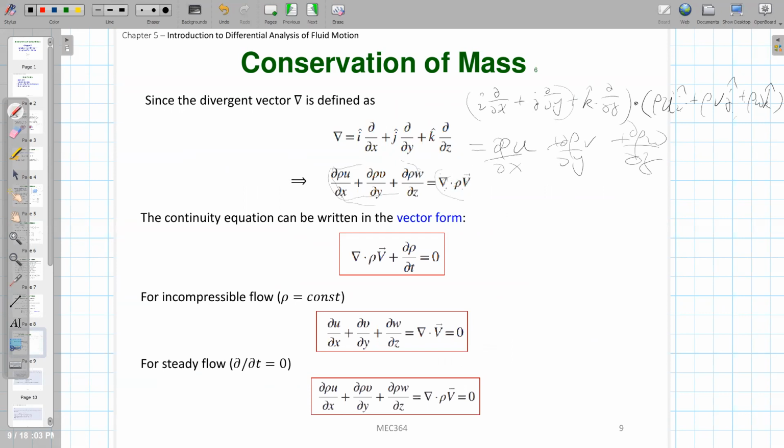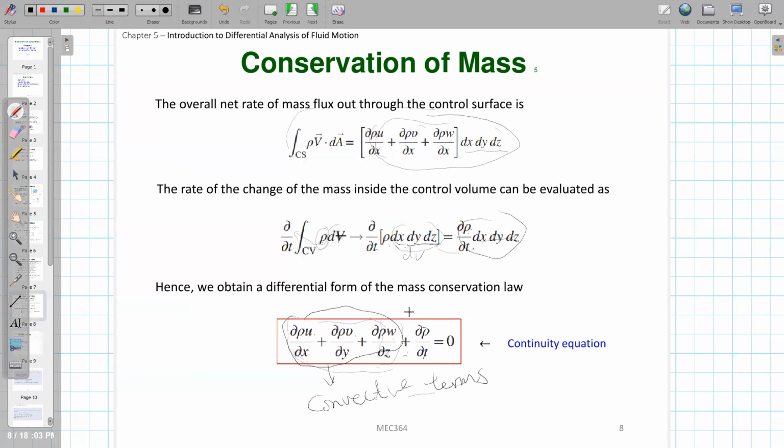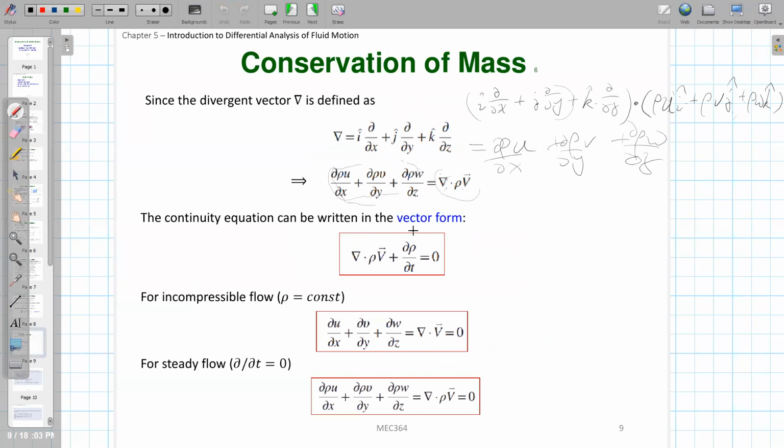If you substitute this back into the equation, we can write everything in this form: divergence of rho v plus partial rho partial t equal to 0, and this is called the vector form of the mass conservation.